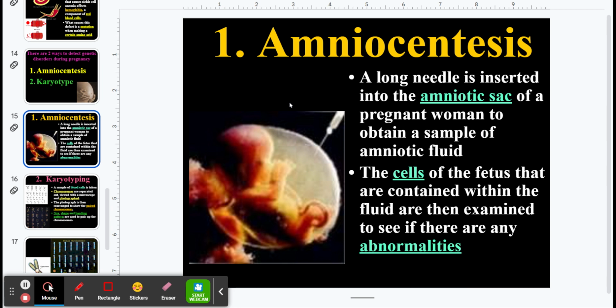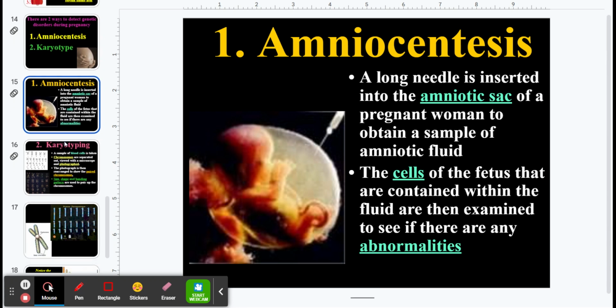One option is to use amniocentesis, which is to get a sample from the amniotic sac that surrounds the fetus, and there are cells in that amniotic sac that are from the fetus, and so they can take a sample and look to see if there are any very obvious genetic markers that would help them maybe diagnose Down syndrome because of that trisomy, or a few others that are a little easier to spot.